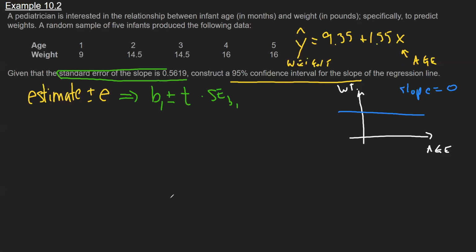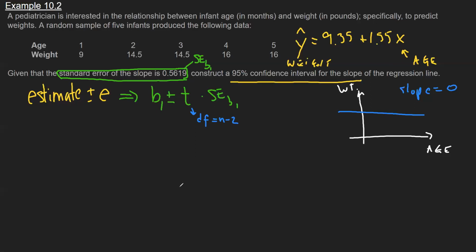So right here, the standard error of the slope given to you in the problem, well, that is SE for standard error, then subscript B1 to identify that it's the standard error of your slope. And the one thing that is markedly different from your subsequent chapters is this t-distribution has degrees of freedom equal to n minus 2. So the simple part is for chapter 10, really, you're just shoving a bunch of numbers into a formula, but you do want to note that it takes the same form that we've seen throughout.